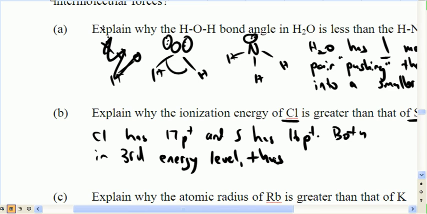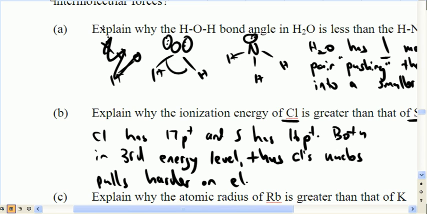Thus, Cl nucleus pulls harder on the electrons.